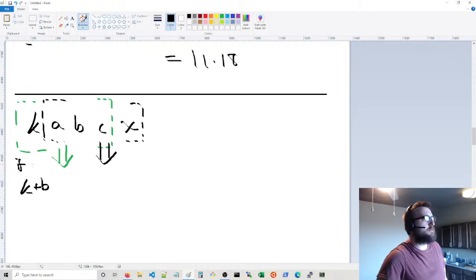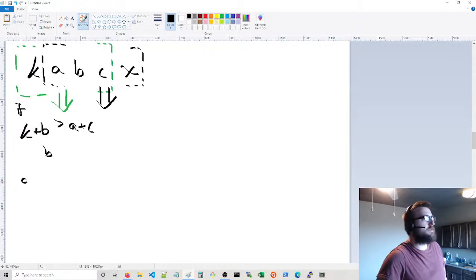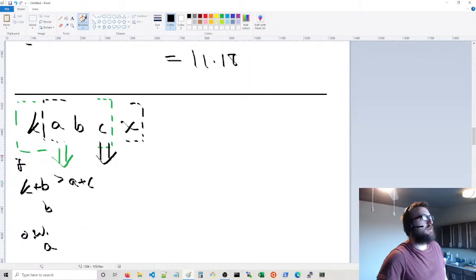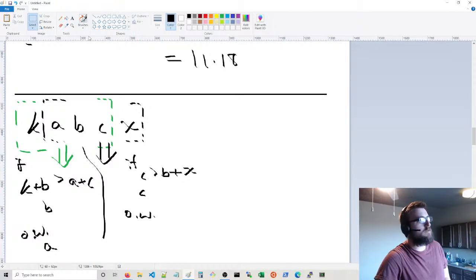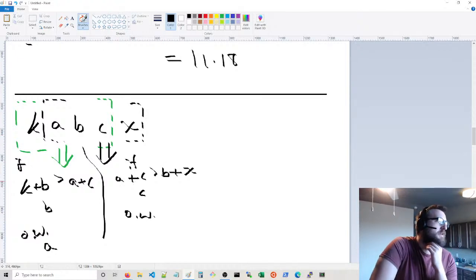If k plus b is greater than a plus c, select B, otherwise select A. And in this other case, if A plus C is greater than B plus X, then you'd pick C, otherwise you'd pick B.